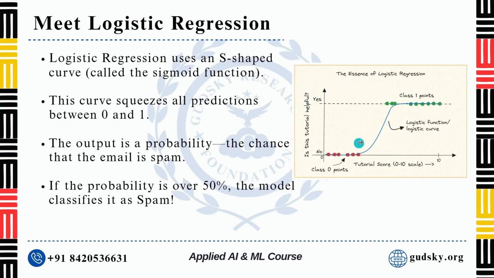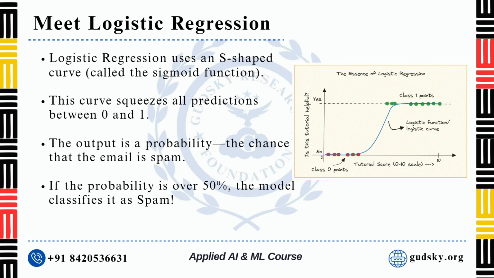This is how the logistic regression graph looks. It is a useful mathematical tool called the sigmoid function. This is the sigmoid function, which creates a perfect S-shaped curve.